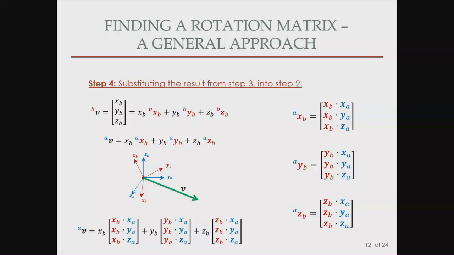This is the original representation of the vector V in frame B: X_B units in the X_B direction, plus Y_B units in the Y_B direction, plus Z_B units in the Z_B direction.